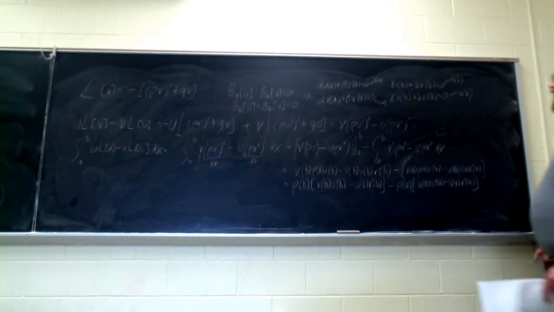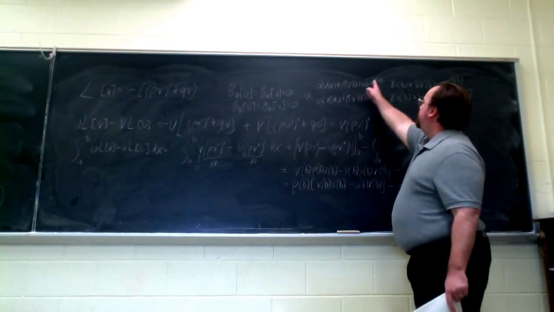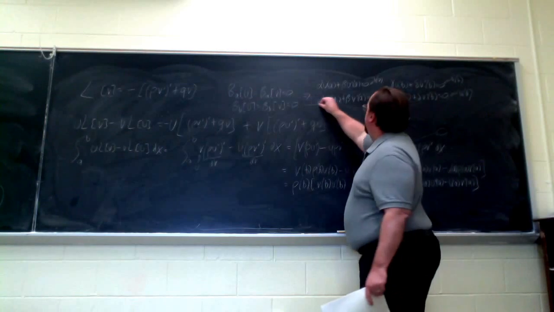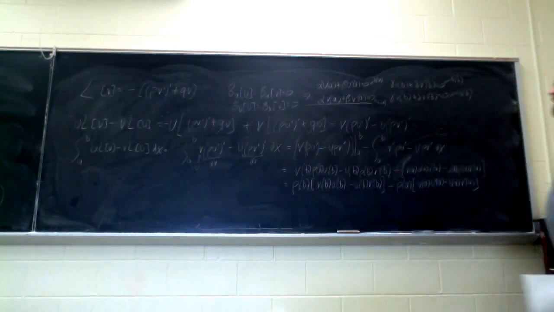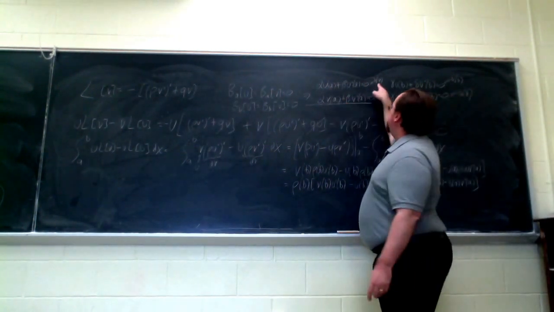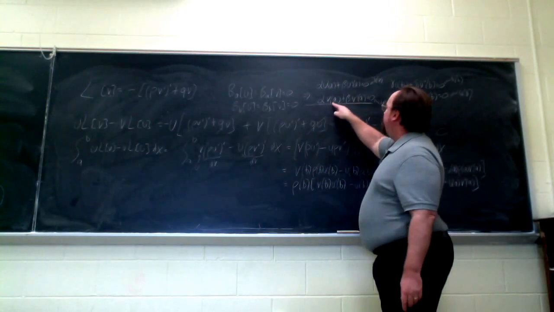Because if I multiply this by v of a and this by u of a and subtract them, what nice cancellation am I going to get? It's almost like a Gaussian elimination in a way. The alphas will cancel out. Because I have alpha u of a v of a, and here alpha v of a u of a.